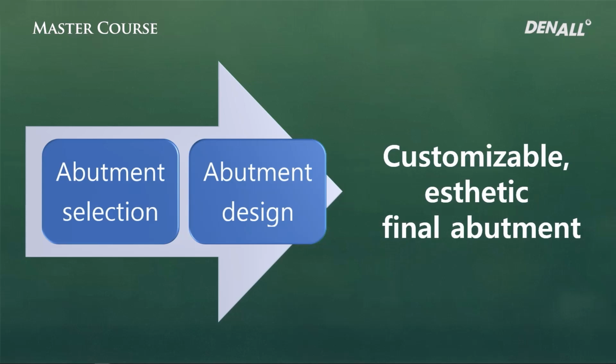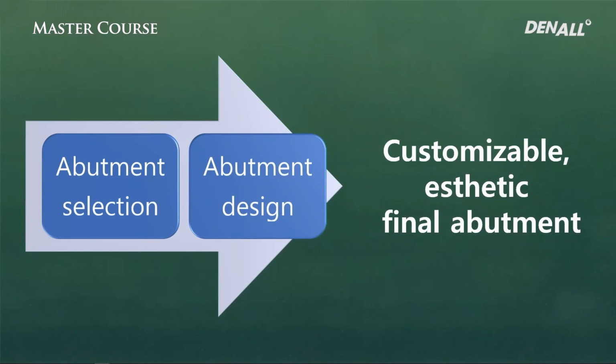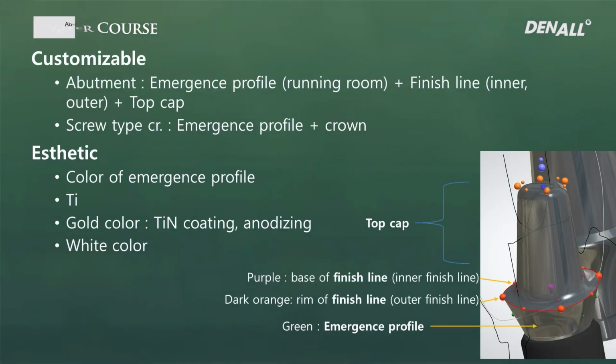So what I'm going to talk to you about in this lecture is the customizable and aesthetic final abutment. First, abutment materials and parts need to be selected, and then you will design the abutment. Now, customizable and aesthetic, I said, are two keywords, and when you say customizable in abutment, it means the emergence profile area, running room area, and finish line.